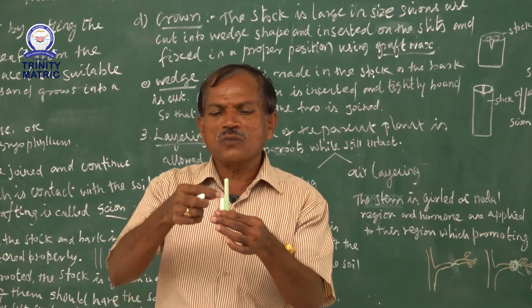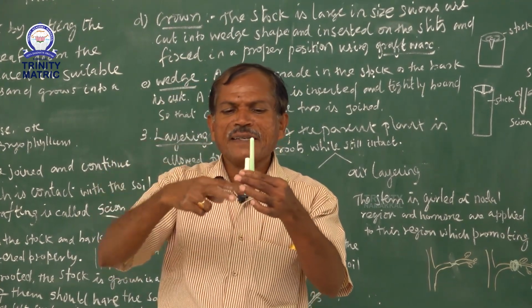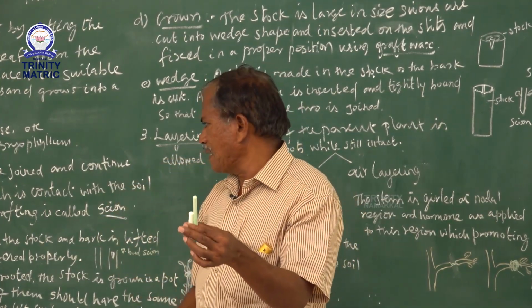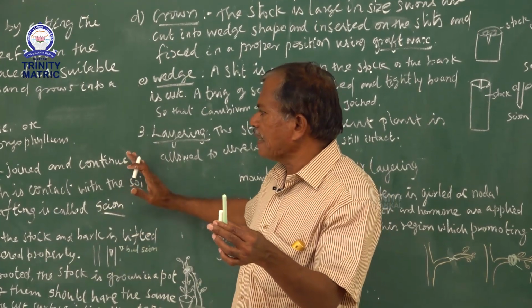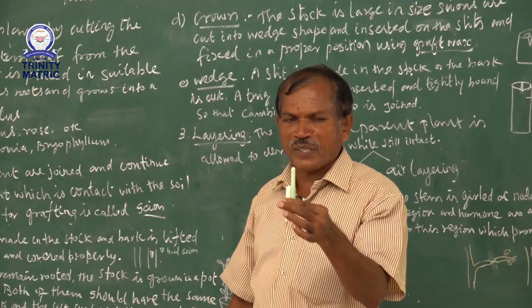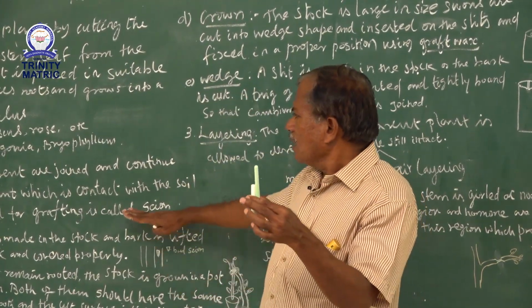What happens? New buds are produced from the scion. Then we can detach it from the mother plant and propagate easily. This method is called grafting. Parts of two different plants are joined together to produce a new plant.